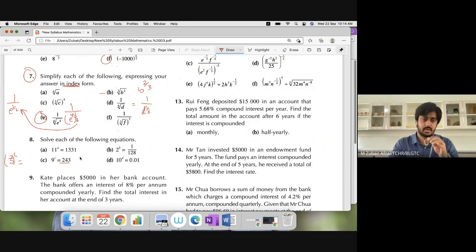So this is 3 raised to power 5. Now may I write 2c is equal to 5, and c is equal to 5 by 2 or 2.5?